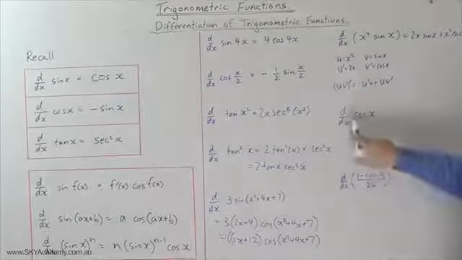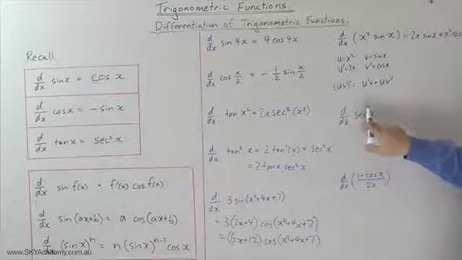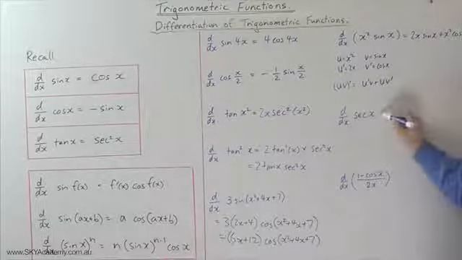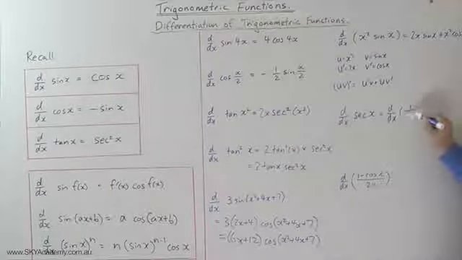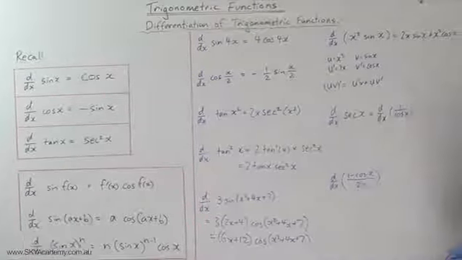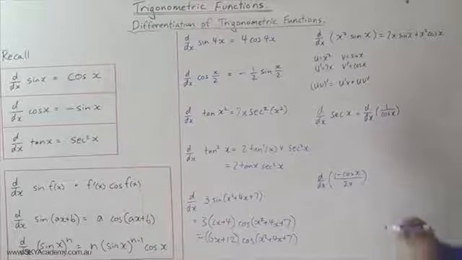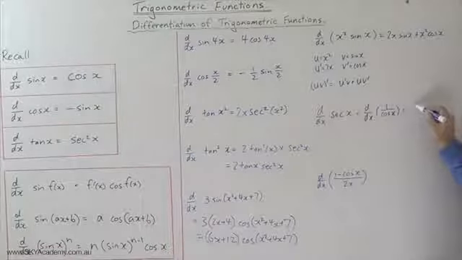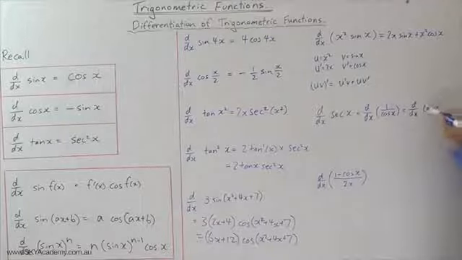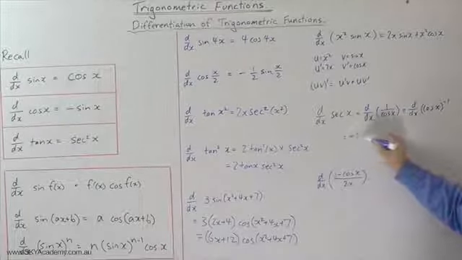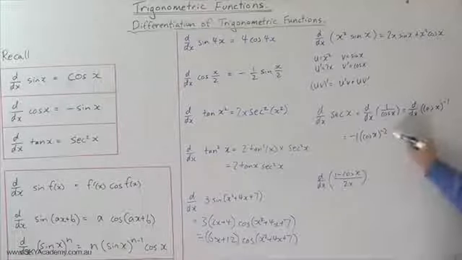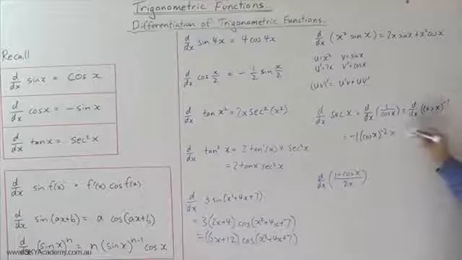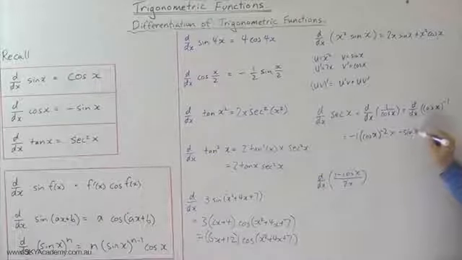Let's look at this example. The derivative of sec x is the derivative of 1 on cosine x. 1 on cosine x is cosine x to the power of minus 1, which ends up being minus 1 times cosine x to the power of minus 2, times the differential of cosine x, which is minus sine x.